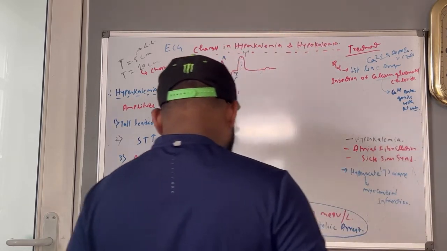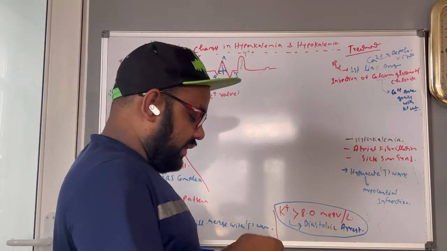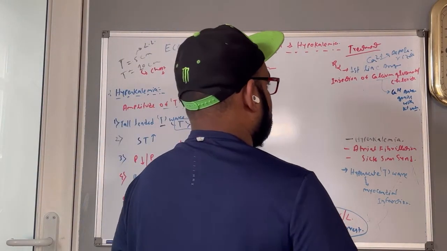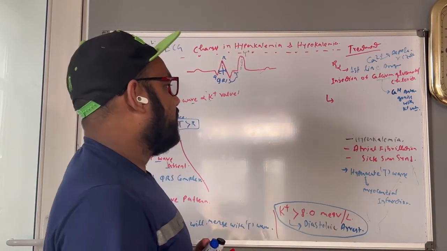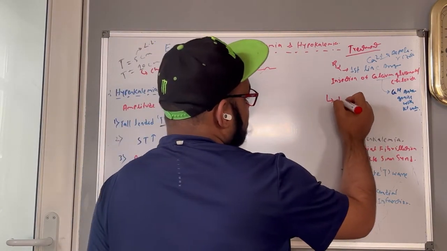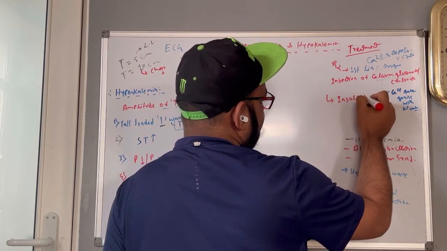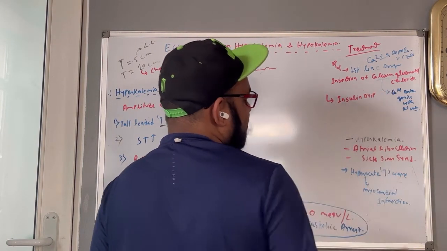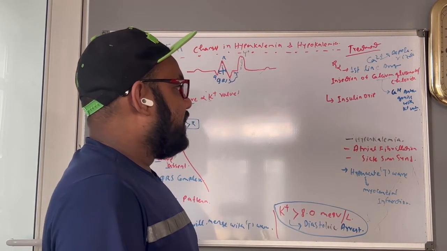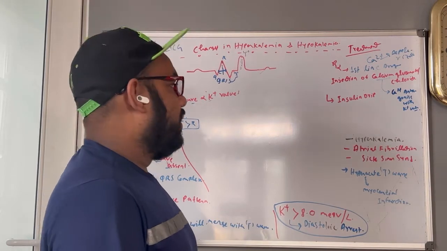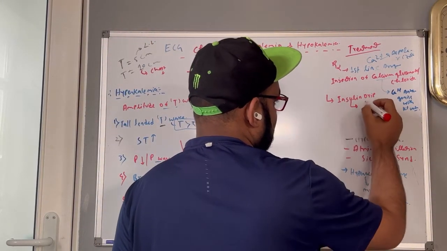Okay. The second thing, you can use the insulin drip along with some dextrose, especially in pediatric cases, insulin drip along with some dextrose or glucose. Now, as you know, there is a relationship between the serum potassium level and the insulin level. Insulin will always send the extra potassium within the cells.